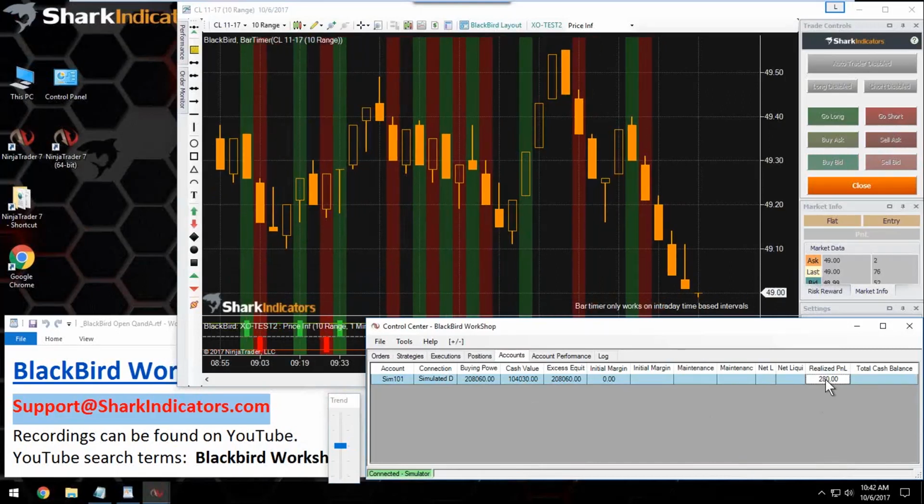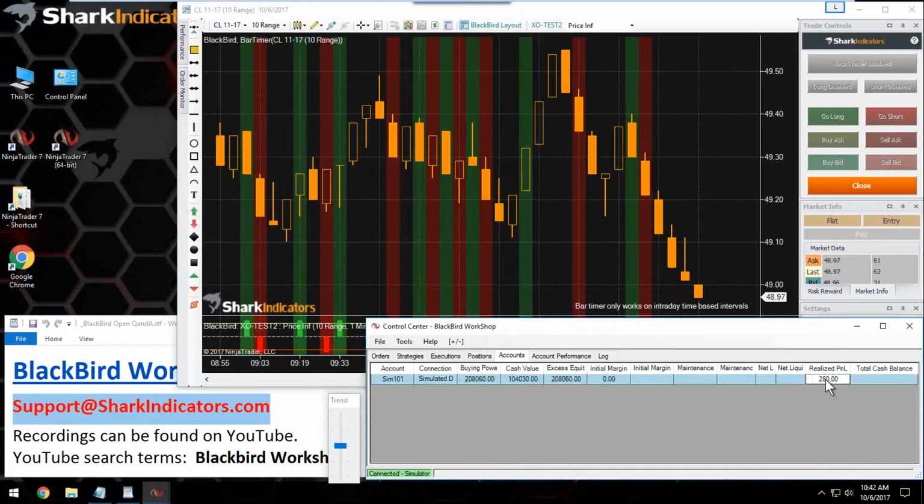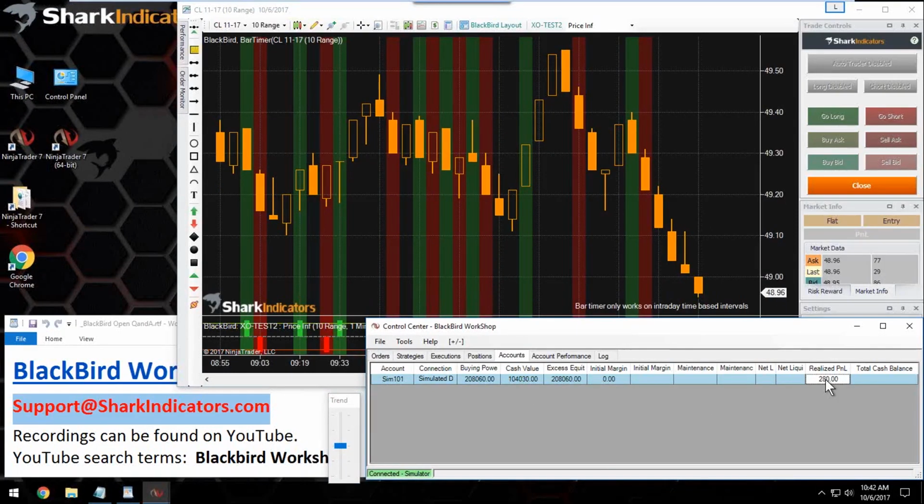So if you have multiple strategies running, with NinjaTrader, really the way that NinjaTrader was designed was that if you had multiple strategies running, the only way you could see the accumulated profits and losses was to go to your accounts tab and look at the realized P&L.